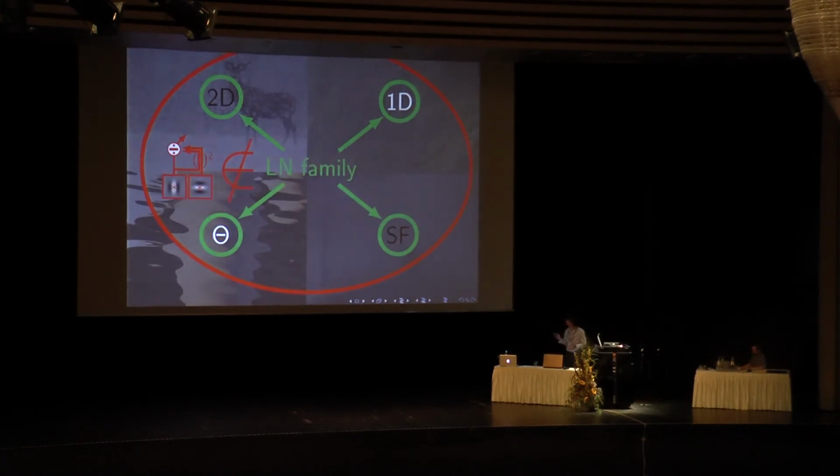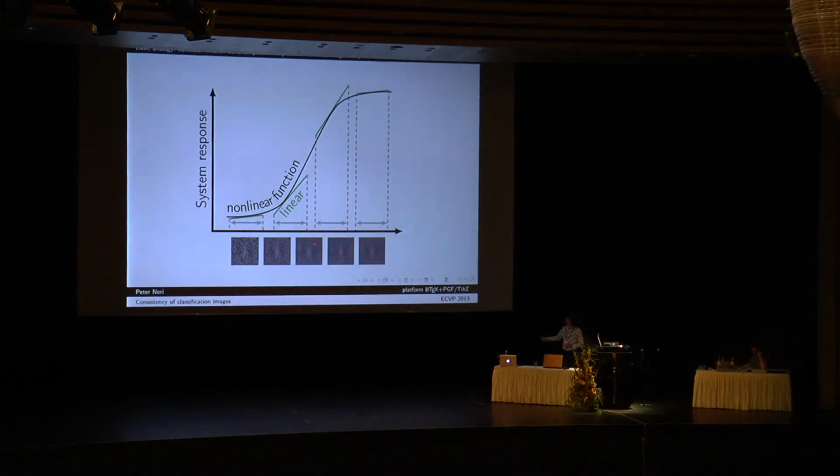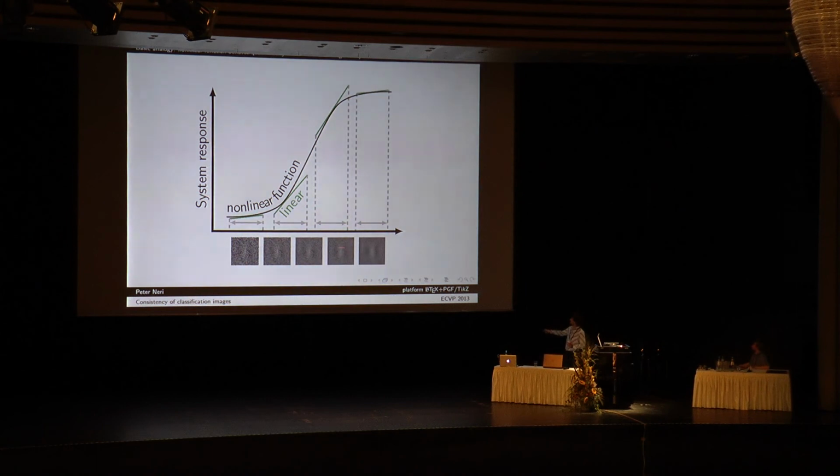So what I'm going to try and do in the next 2 slides is give you an intuitive, kind of a little bit opaque understanding for why I think this is happening. So I'll start with this silly analogy that you all know about. You've got a nonlinear function, and if it's defined, say, across noise intensity, then if you probe it within restricted regions of this input dimension, it will look linear.